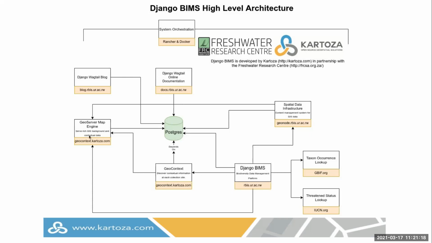And then we've got these other components which all pretty much interact with the database. One thing that I hadn't mentioned is another open source project that we built as part of this project, and that's called GeoContext. What it does is it allows us to execute on this philosophy that we shouldn't ask users to capture data which we can derive from existing data sets.